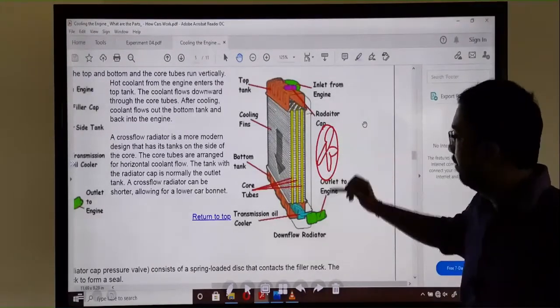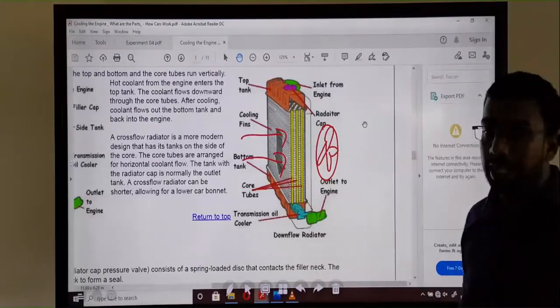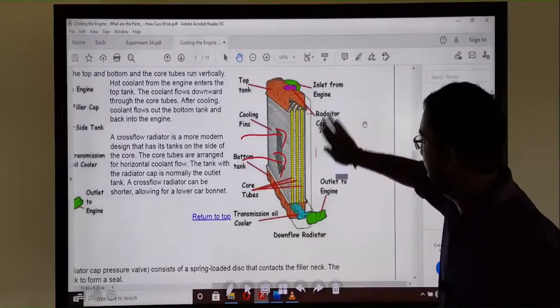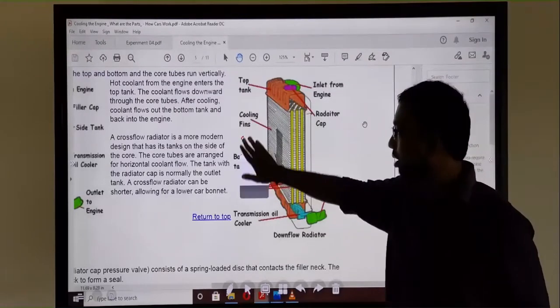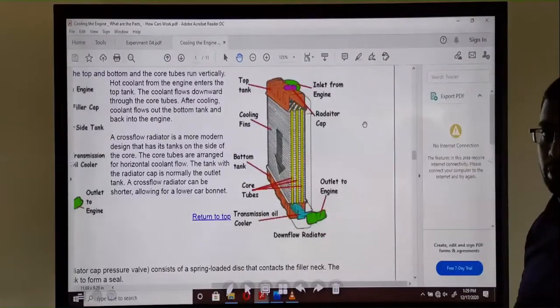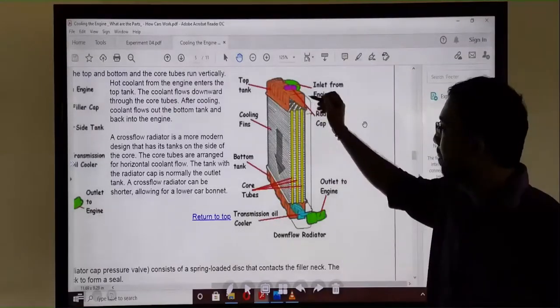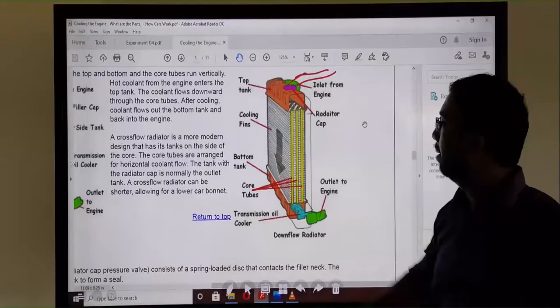Radiator fan. When the fan rotates, the atmospheric air is drawn in through this radiator. Along with this radiator, what will happen? This coolant is going to cool. There is an upper tank here, and this is the outlet pipe, the upper hose pipe.